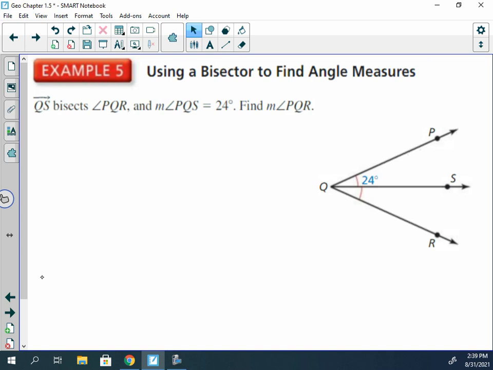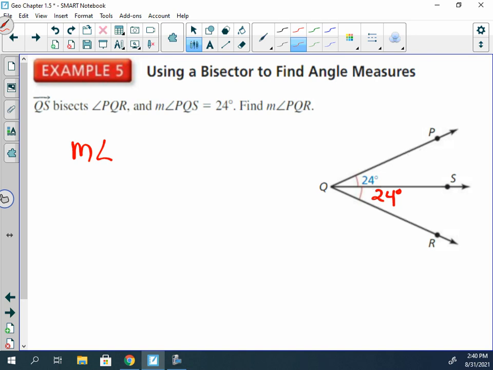So if we're talking about this ray bisecting the angle, it's cutting the angle in half. Well, if PQS is 24, what's the measure of SQR? 24 degrees, because it cuts it in half. And those two angles are going to be equal to each other, just like with the line segments.